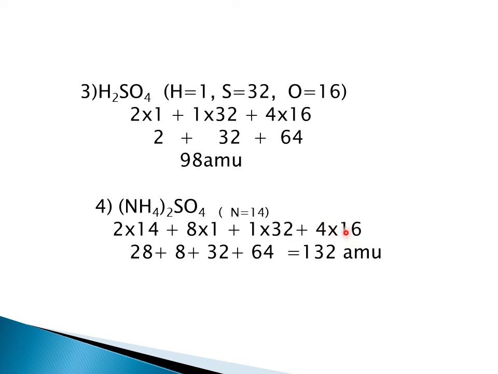Then 2 into 14 is 28, 8 into 1 is 8, 1 into 32 is 32, 4 into 16 is 64. The total is 132 AMU. So the molecular mass of ammonium sulfate is 132 AMU.